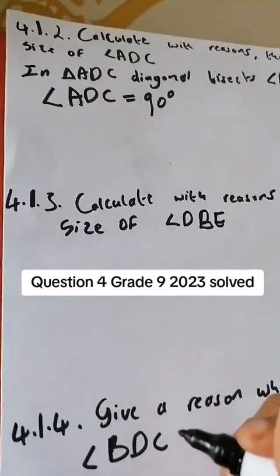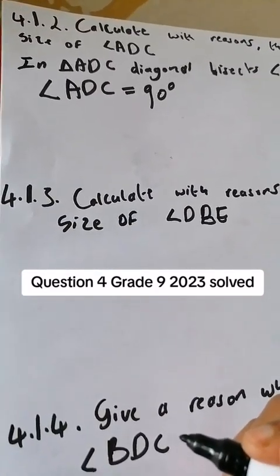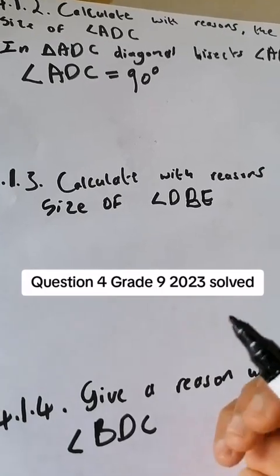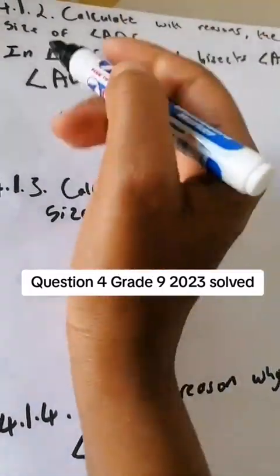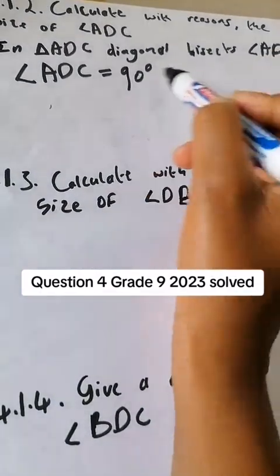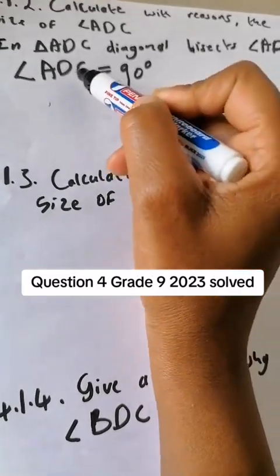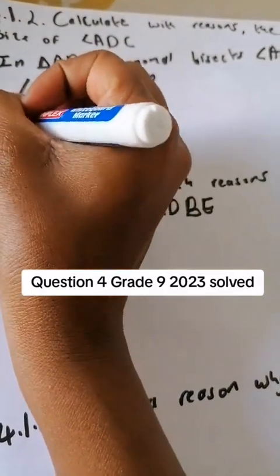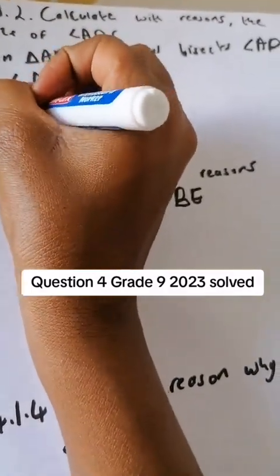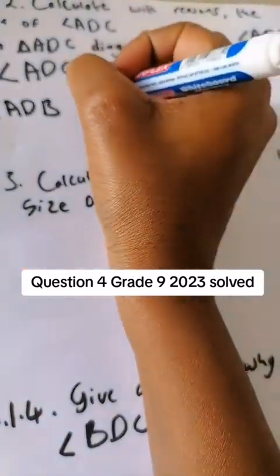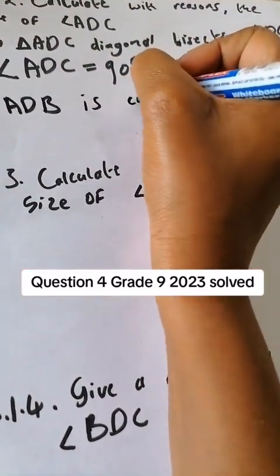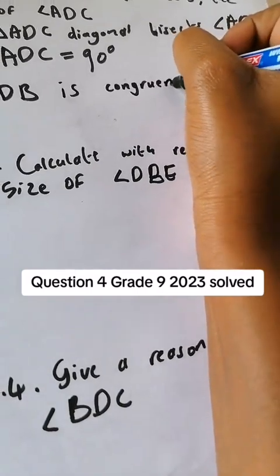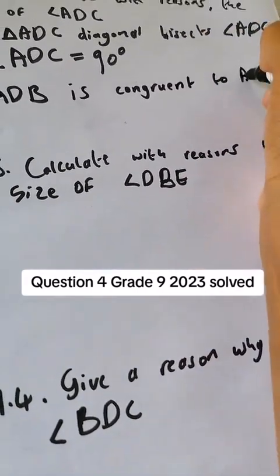So your reason here, you can say that diagonals of a rhombus bisect each other at the right angles. Then you showed that ADC is equal to 90 degrees. But it's important to say that triangle ADB is congruent, which just means that it has the same size and shape, to triangle ADC.